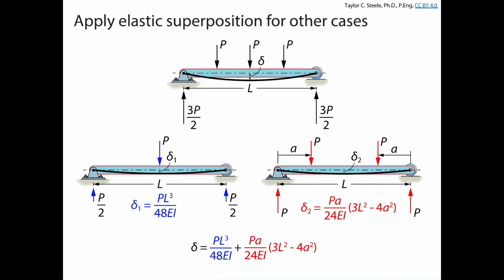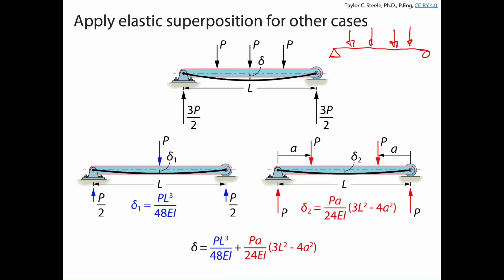Now, if we had a different situation, like let's just say we had maybe 4-point loads or something like that. How would we handle that situation? Well, I would just do this 2 times, right? I would do it with A, the distance from the support to the first load. Do it again with A being the distance from the support to this load.